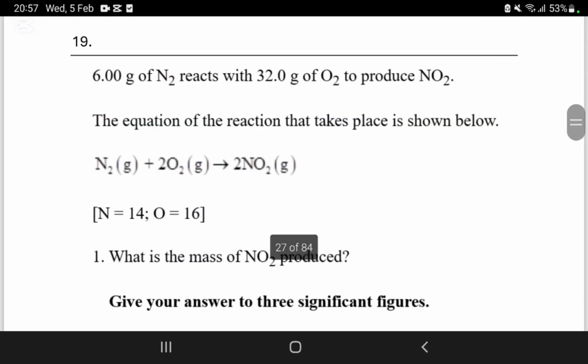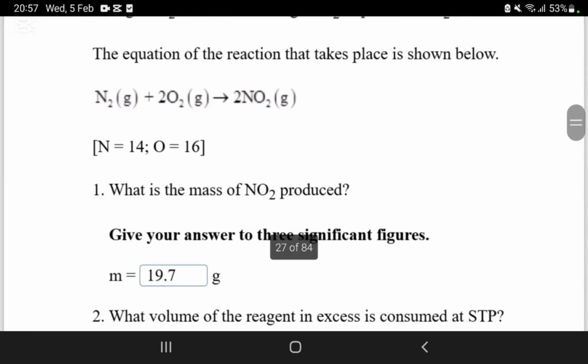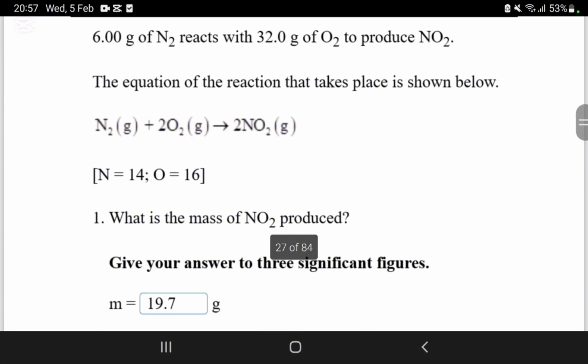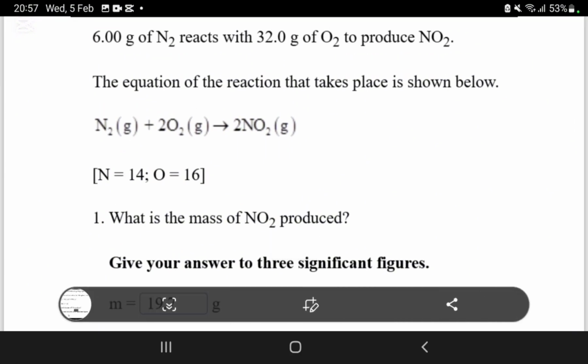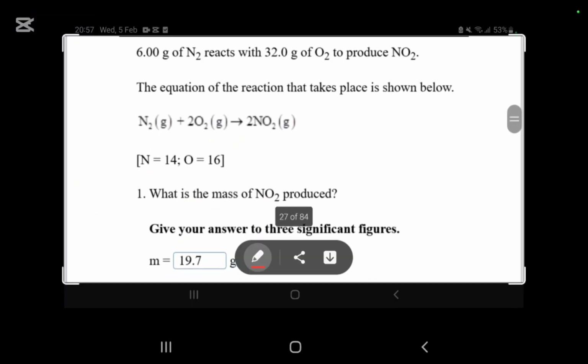Number 19. 6 grams of N2 reacts with 32 grams of O2. So for this question, we're gonna first find the moles of oxygen because it's faster.